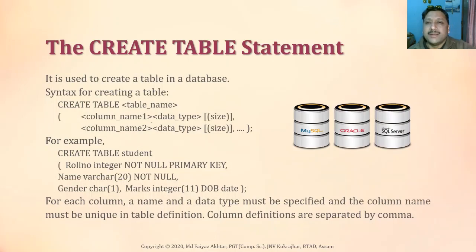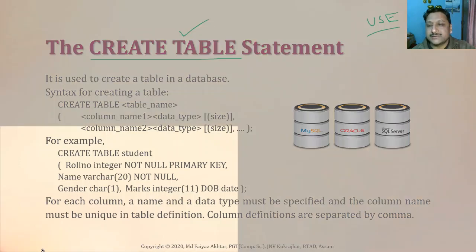Now, here we come to creating a table in a database. To use the create table command, first you ensure that you have opened the database by using the use command. It is used to create a table in a database. The syntax for creating a table is like this.